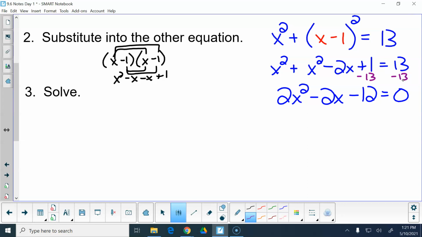All have even coefficients, correct? Yes? Okay. So that means I can go like this. Or if they were all multiples of 3, or if they all had some common factor, we can divide out that common factor.